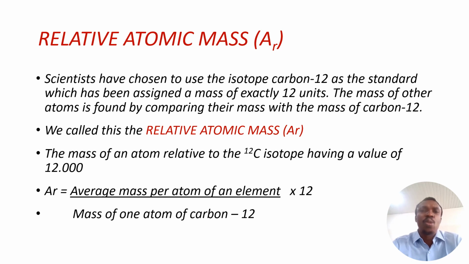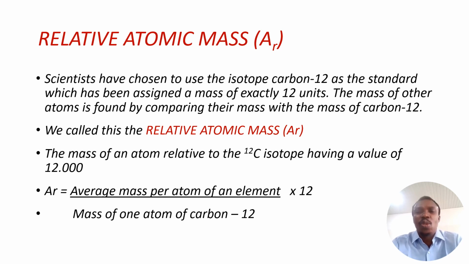Just as I said, the scientists decided to use the isotope of carbon, which is carbon 12, as the standard. So the masses of other elements are compared to that of carbon 12. So the relative atomic mass is the average mass per atom of an element over the mass of one atom of carbon 12.